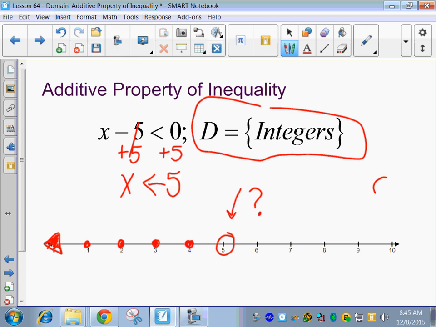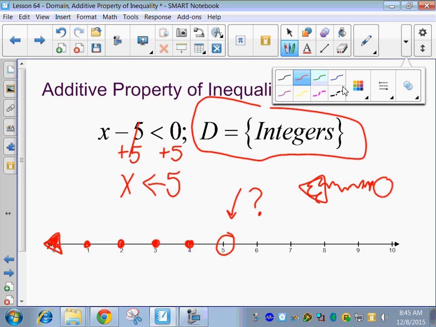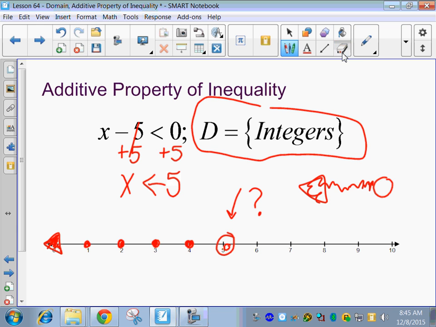When we were doing reals and we did an open circle, we had to do that because we were shading. It was every single decimal and fraction right up until you got to that whole number, right? But now, since we're just doing integers, we do not need that, so let's erase it on the 5. So it starts at 4, 3, 2, 1, and goes forever to the left.